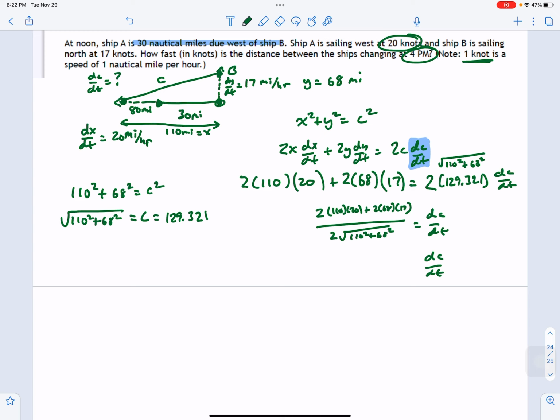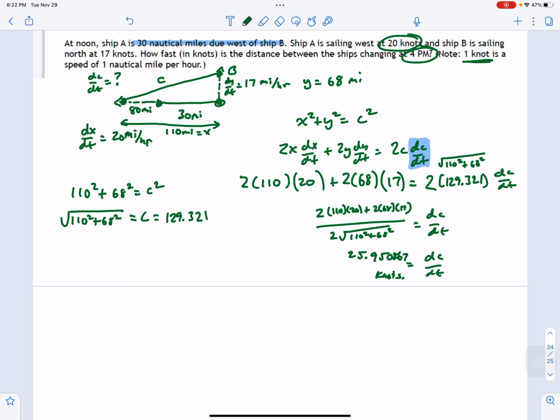On the bottom, it's going to be 2 square root of 110 squared plus 68 squared. I'm getting the value, the speed at which they are departing from each other, is 25.9500867. And this will be in knots.